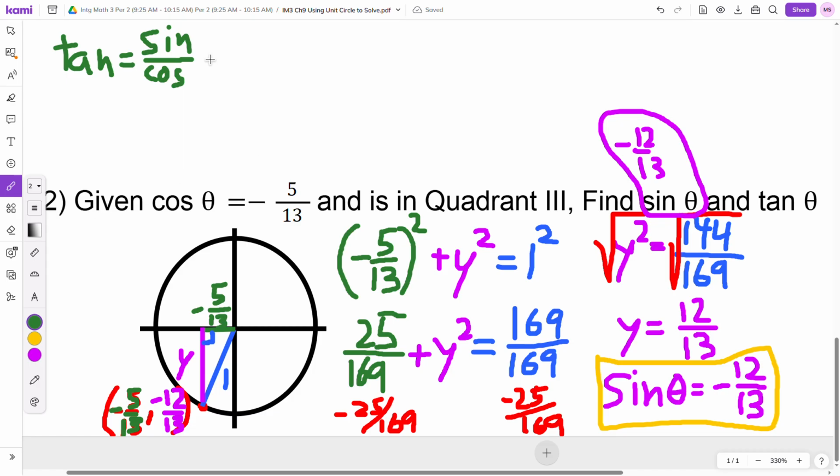So all this really is for us now is the sine, which is minus 12 over 13, divided by the cosine, which we were given as negative 5 over 13.